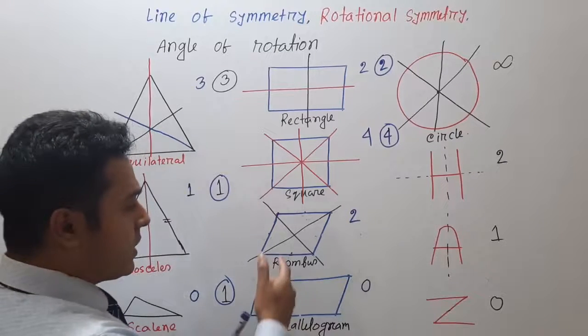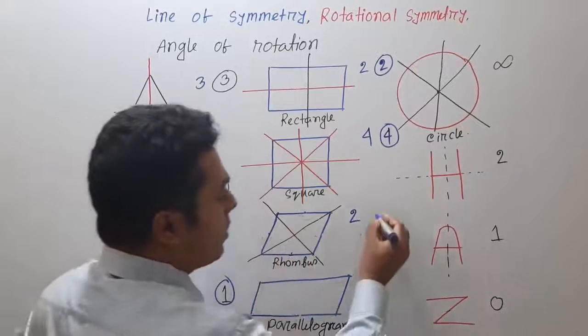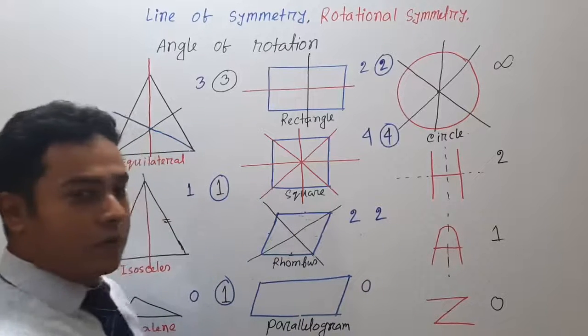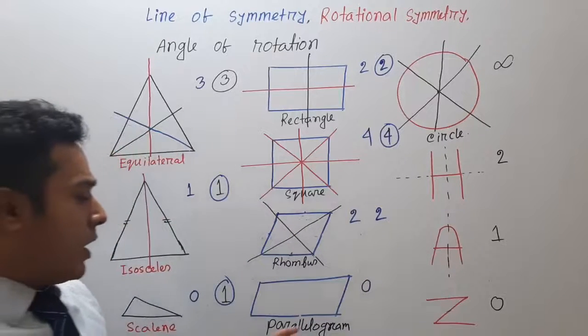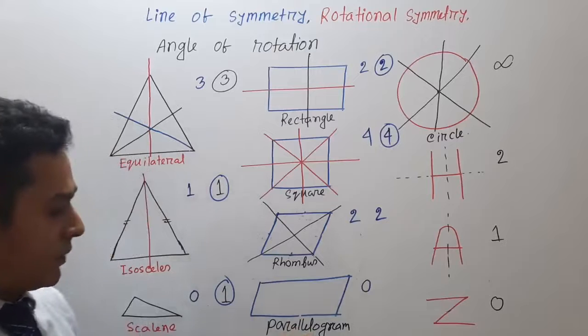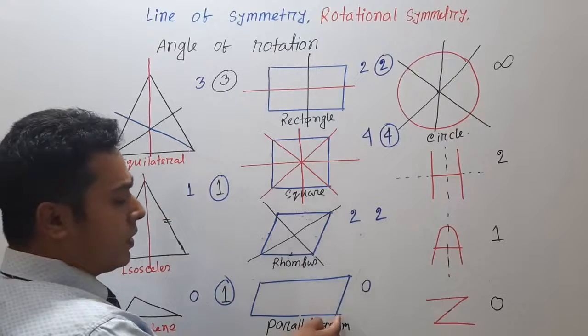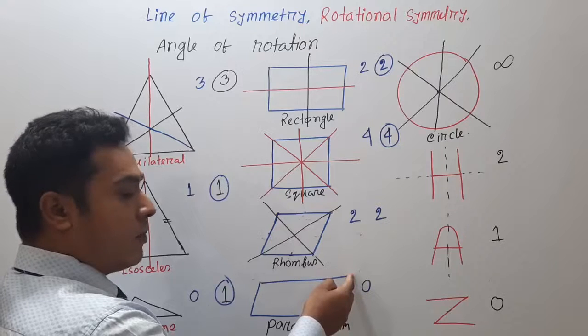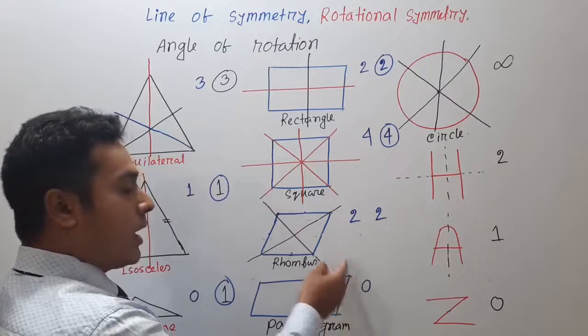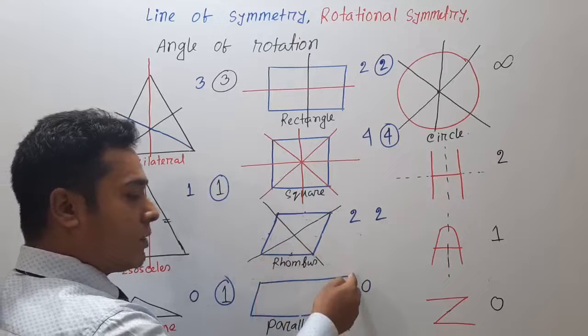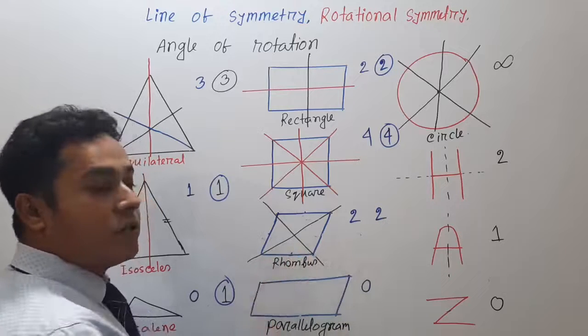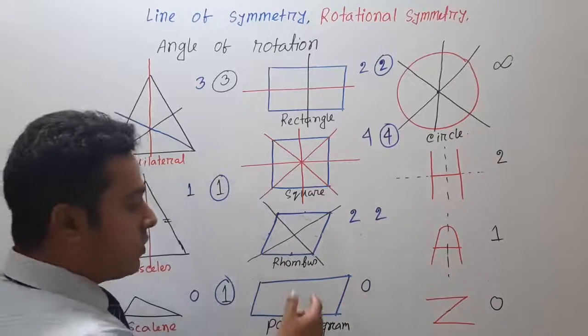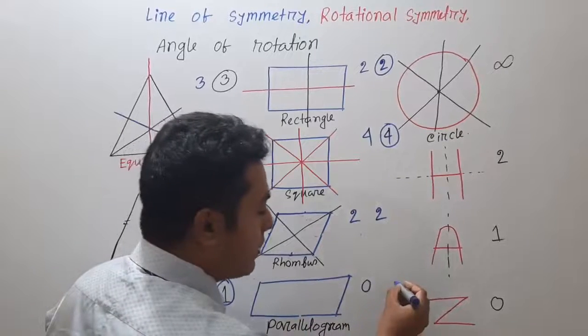That means it has a rotational symmetry of 2. And for the parallelogram, in a similar way, if we rotate this point to this point, it will be changed. Again rotating, this point goes to this point, then the original shape will be repeated, so its rotational symmetry is also 2.